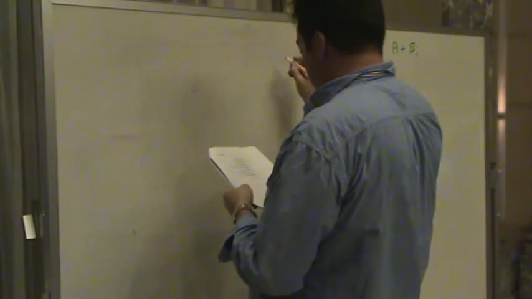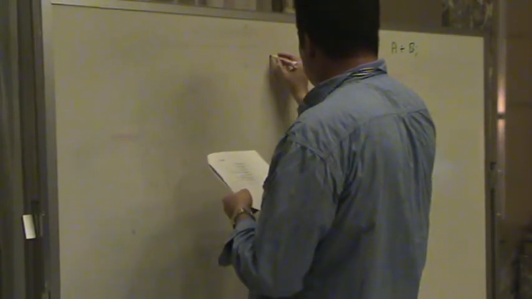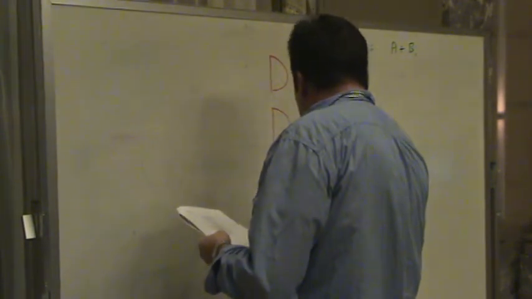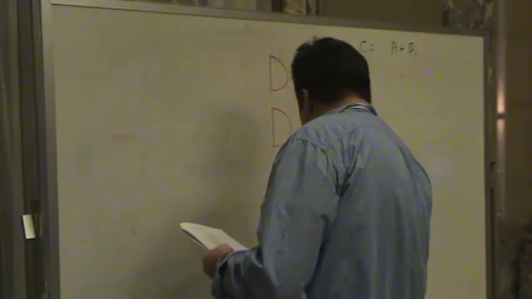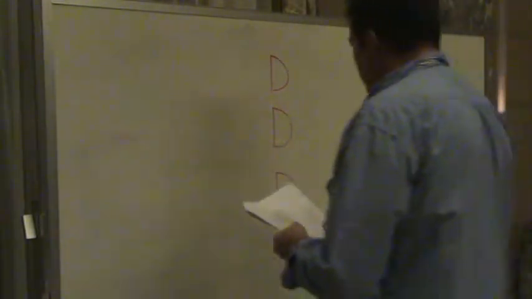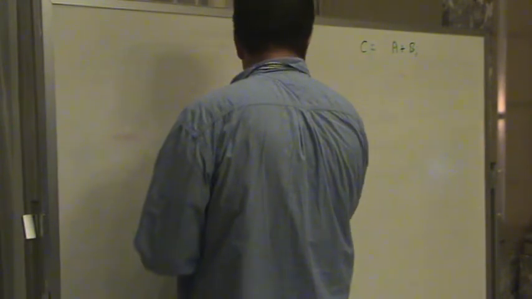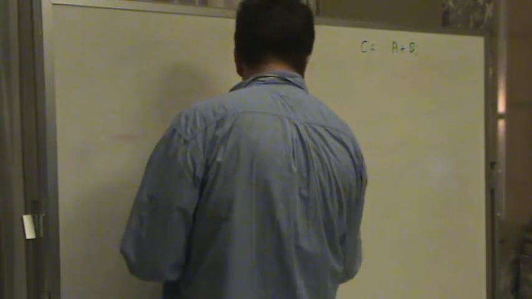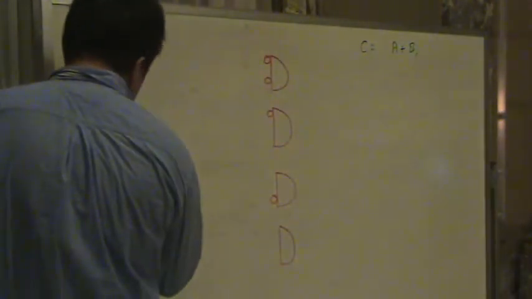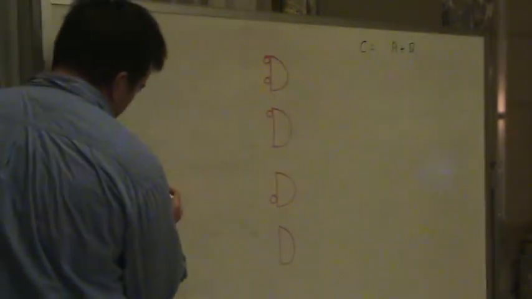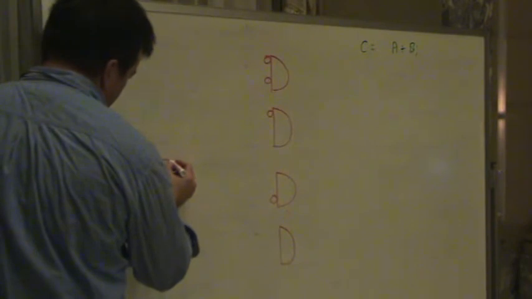But so again, we're going to line up 4 AND gates. And then we're going to have the input go 0, 0, 0, 1, 1, 0, and 1, 1. We're going to have 2 inputs. And each of the inputs get wired into the AND gate.